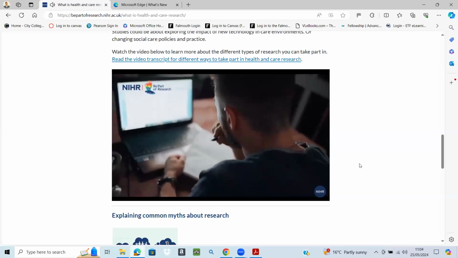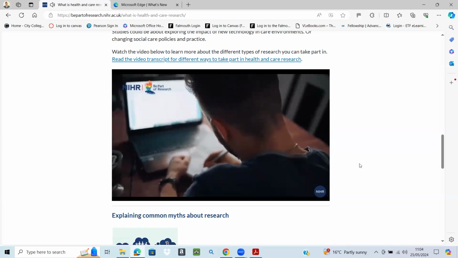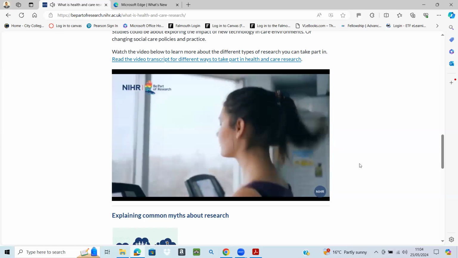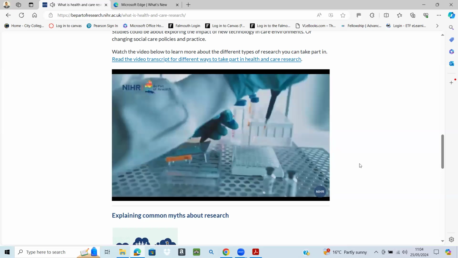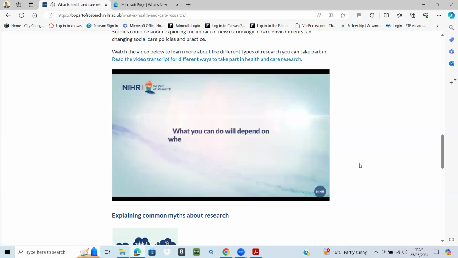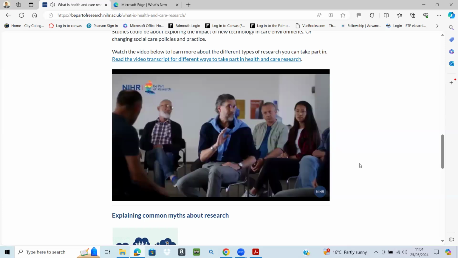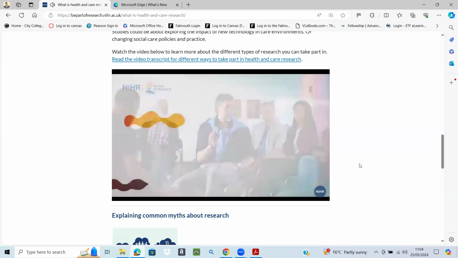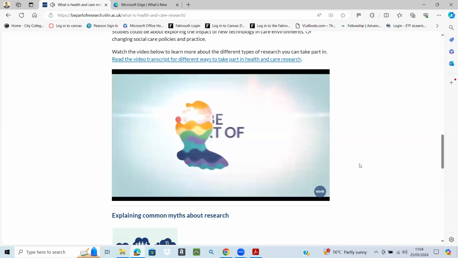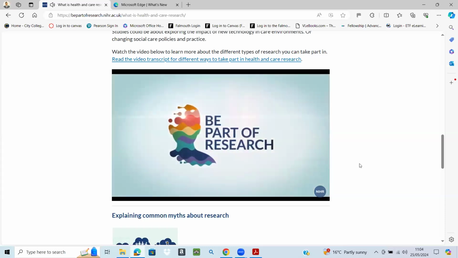Take part in a lifestyle activity, such as filling in a diary or doing something physical. You might be asked to have a scan, donate a sample, or take some medication. What you can do will depend on whether you're eligible to take part, but also how much free time you have and how confident and comfortable you feel. There are also opportunities for you to have a say in what research is funded and how it is carried out. Be part of something amazing. Be part of research.